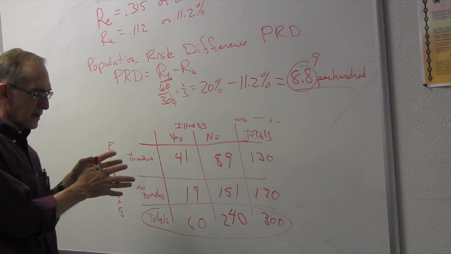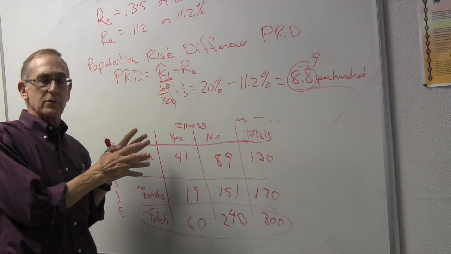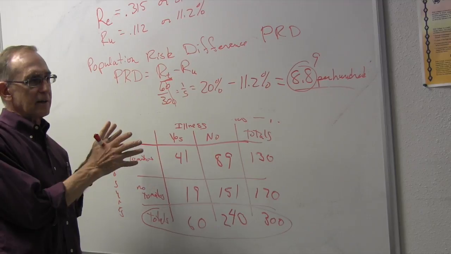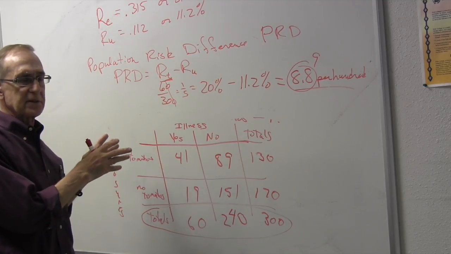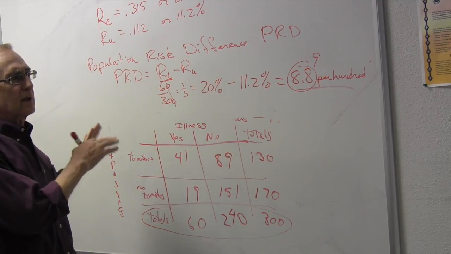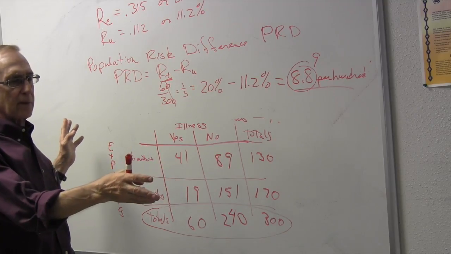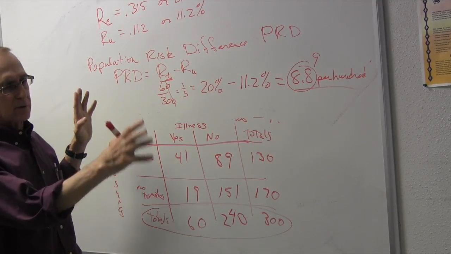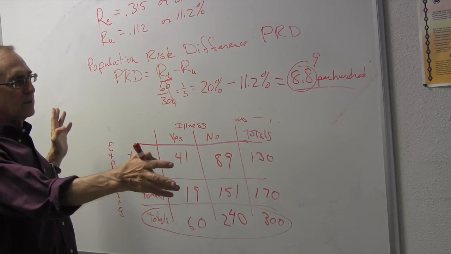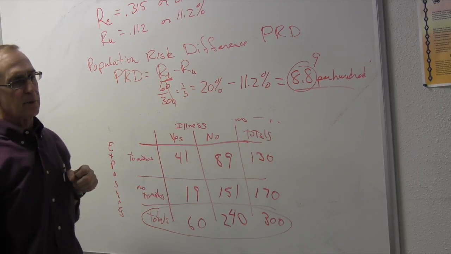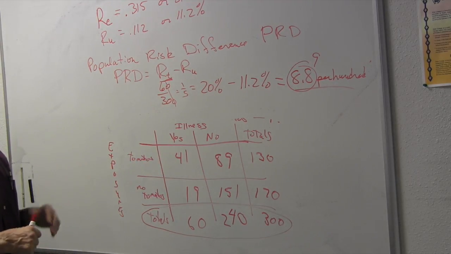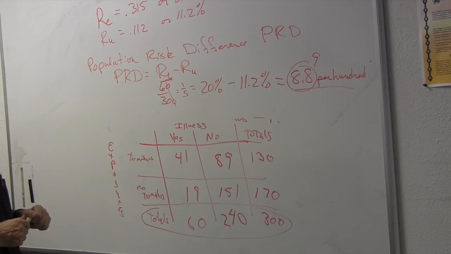If you focus on the vulnerable exposed population, it's a larger number of cases per 100 in that group. But when you look at the entire population, some of whom were exposed, some weren't, you wouldn't be preventing as many cases per 100. It's a smaller fraction of the total population.